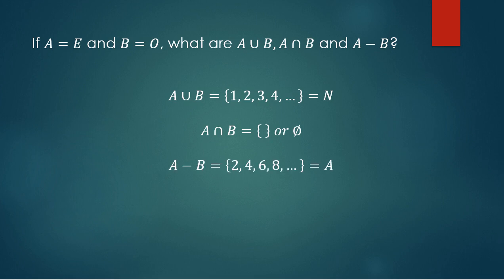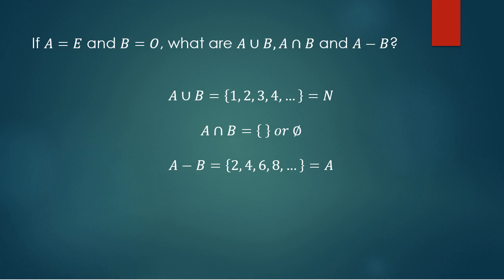And the set difference A minus B, what are all the elements in A that are not in B? Well, A is the set of all even numbers. There is no even number that is simultaneously odd. So A minus B is actually just the set A. It's just the set of all even numbers.